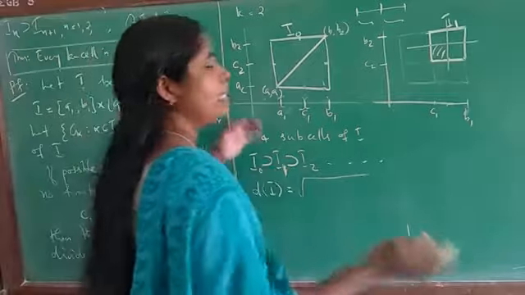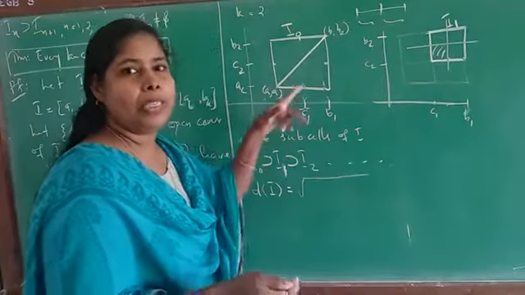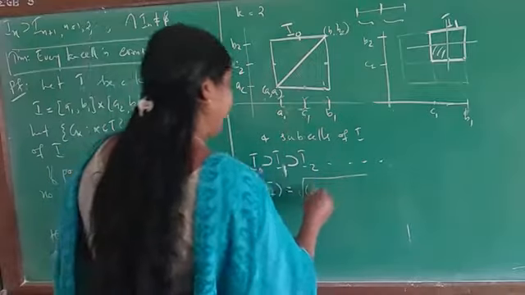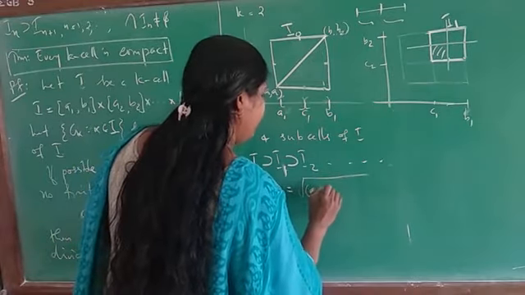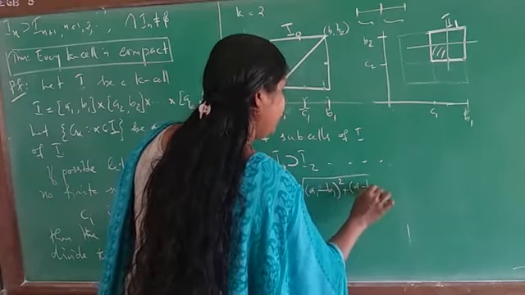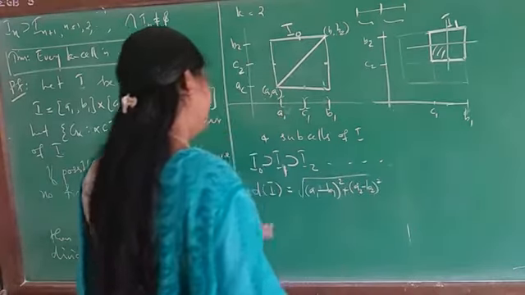That means the maximum distance between 2 points in the set. It is the square root of A1 minus B1 squared plus A2 minus B2 squared. This is the diameter.